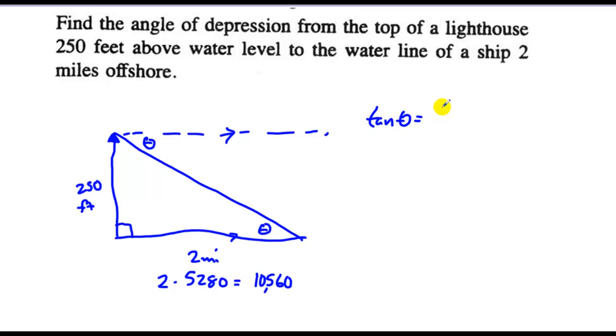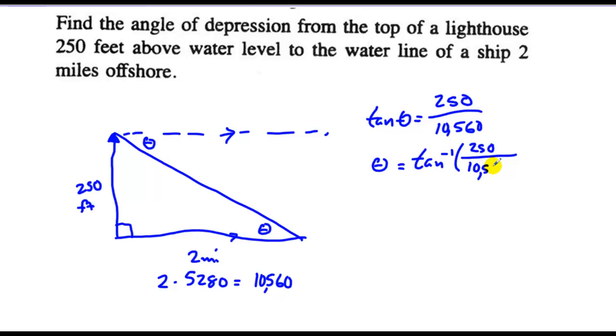It's equal to the opposite, which is 250 over 10,560. And then I'm going to have to use an inverse once again. So theta is equal to the inverse tangent of 250 over 10,560.